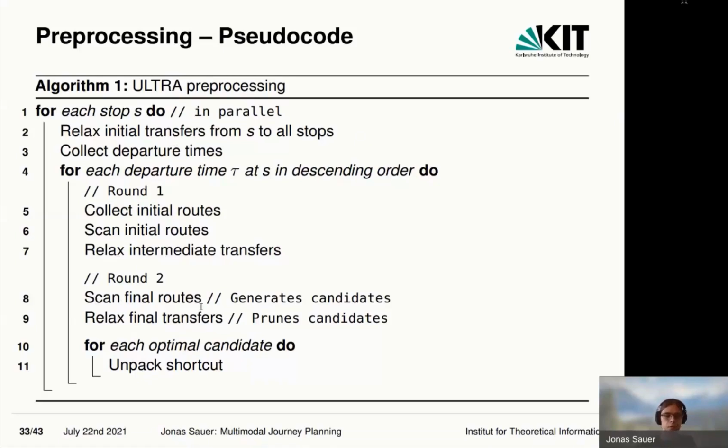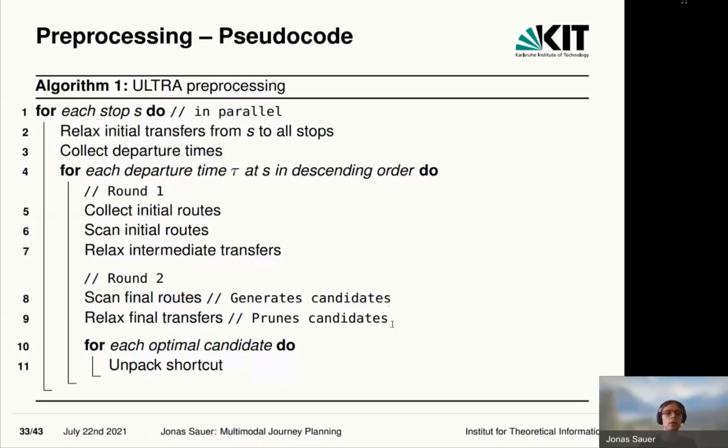And once we're finished with that, we have found all possible candidates that might exist, because candidates don't have a final transfer. And then we relax the final transfers, which won't find us any more candidates, but might find witnesses that dominate existing candidates, so we can prune further candidates with that.